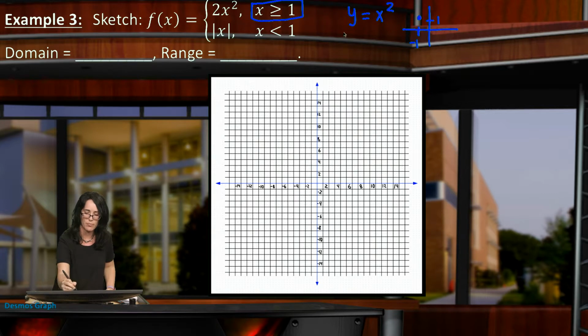So I have a key point when x is negative 1 at positive 1 for y. Similarly, whenever x is 0, 0 squared is 0, so we have a point at 0, 0. And whenever x is 1, 1 squared is 1, so we would have a point at 1, 1.